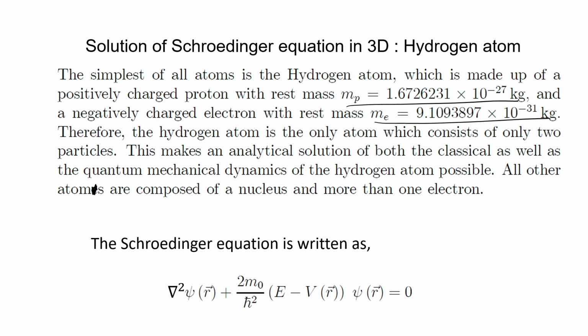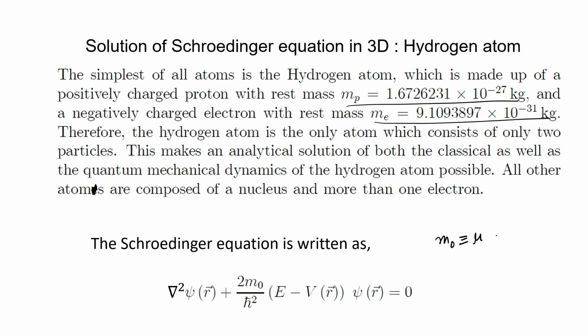In any case, the Schrodinger equation for this case looks like this: Laplacian of psi, which is del square psi, plus 2 m naught by h cross square into E minus V, times psi, and so on. This m naught is the same as mu.